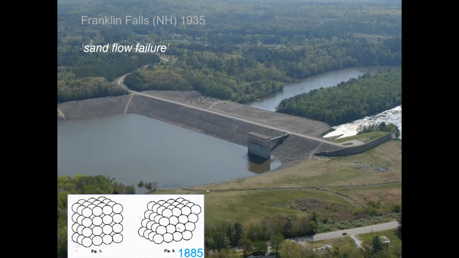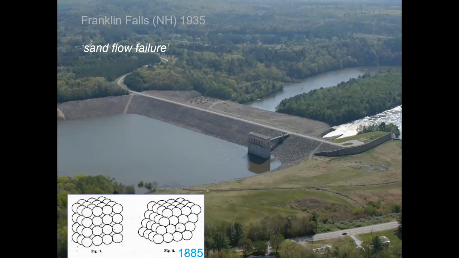If the packing you see on the left is a face-centered cubic, that's the loosest theoretical arrangement you can have. This one over here is body-centered cubic, it's the densest possible. And what he said was, if those lattices are going to be deformed, this one is going to pack down, that one's going to have to expand so the particles can ride over each other. So volume change, or a tendency to volume change, is intrinsic to the deformation of soils.